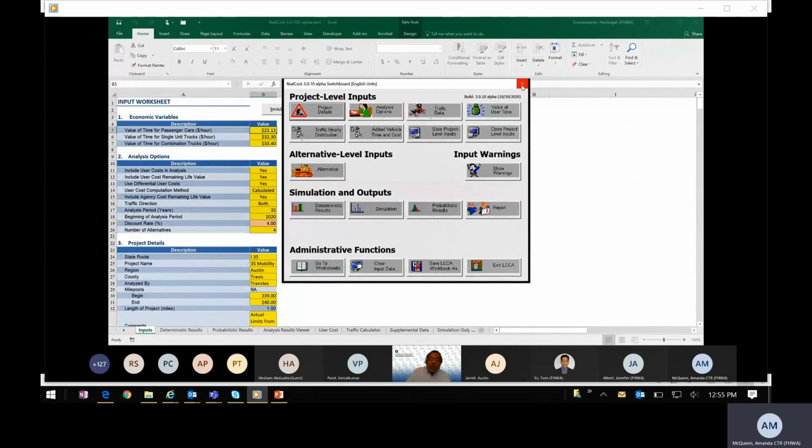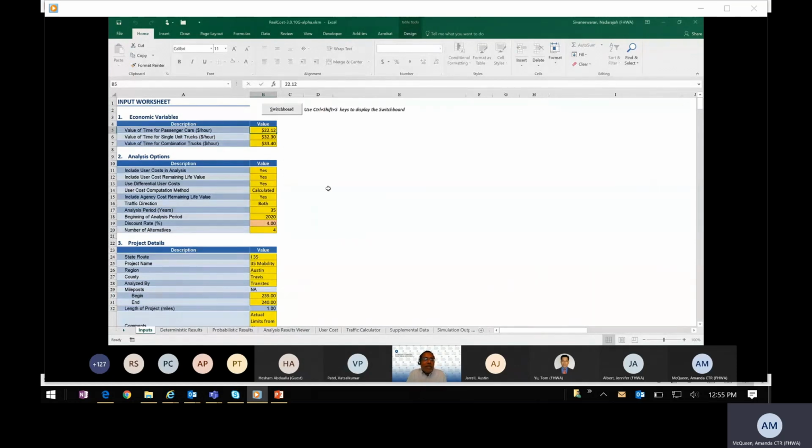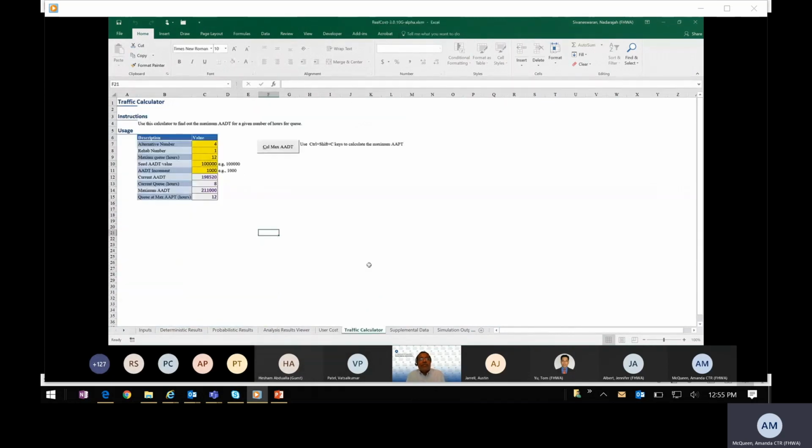And then you will also see that the look and feel is different, just modernizing the color scheme, as well as it's made fully 508 compliant. So that's a major requirement from Federal Highway, and I think some of the state DOTs also may be implementing 508 compliance. And in terms of other enhancements, we have incorporated a few calculators, for example.